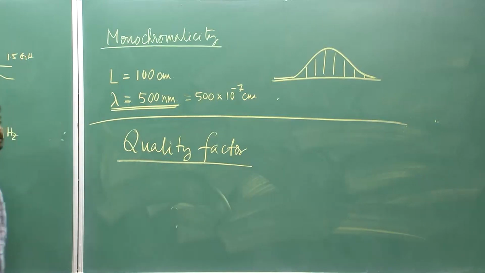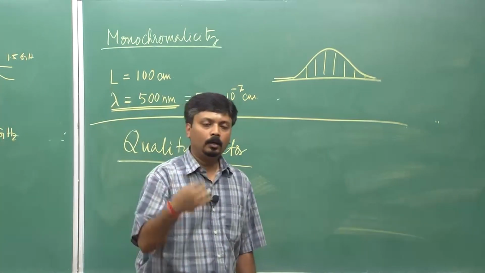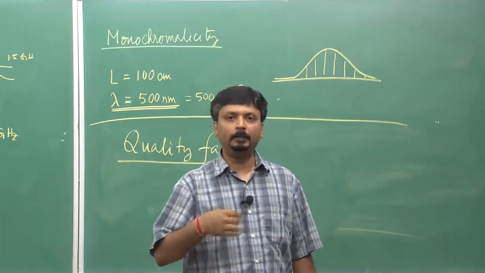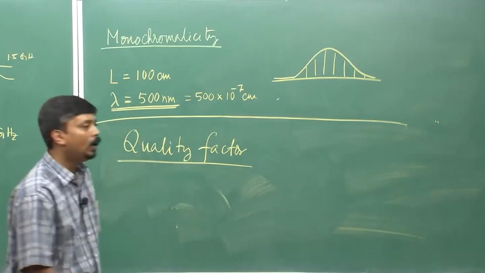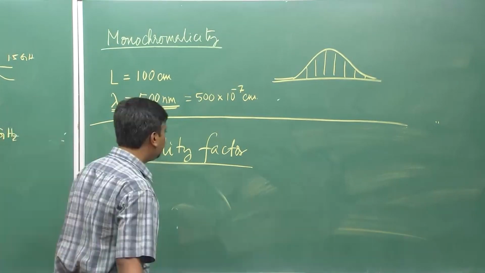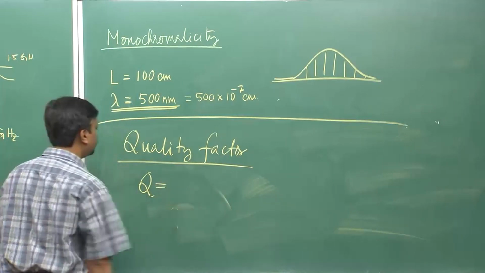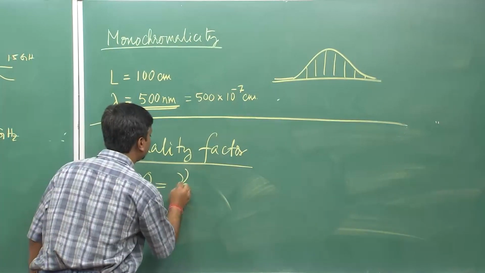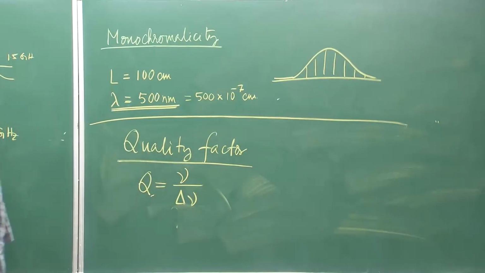You will hear this particular term whenever you try to look into a particular specific laser. If you look at the brochure, you will see what is the quality factor of the laser. This quality factor is written by the symbol Q, and it is given as this value.